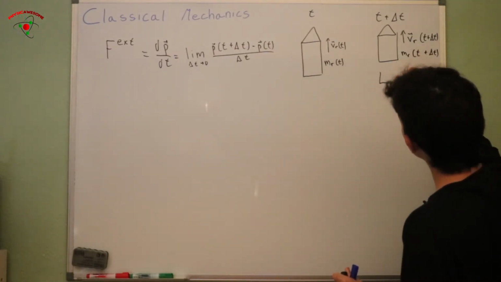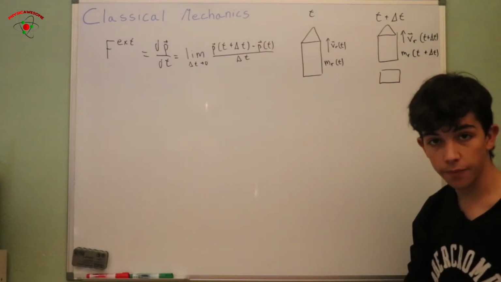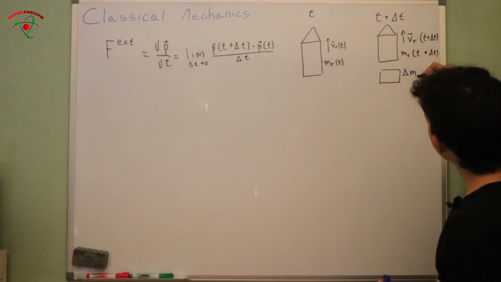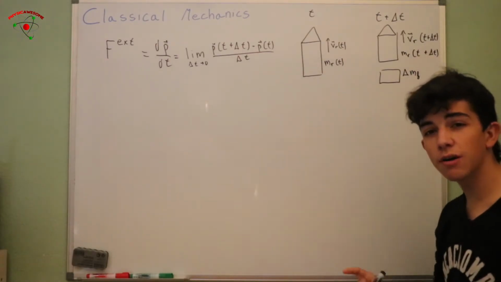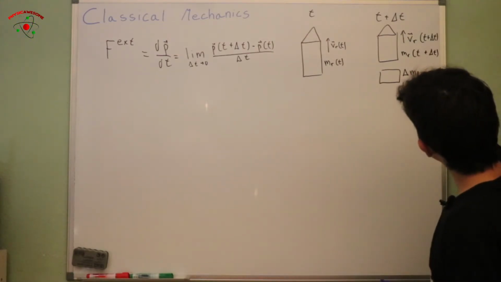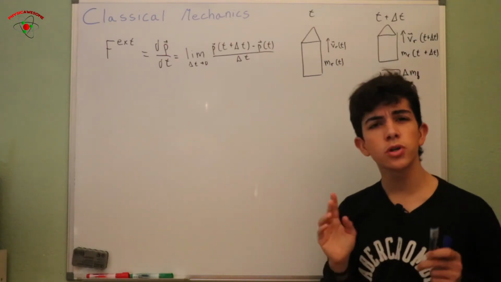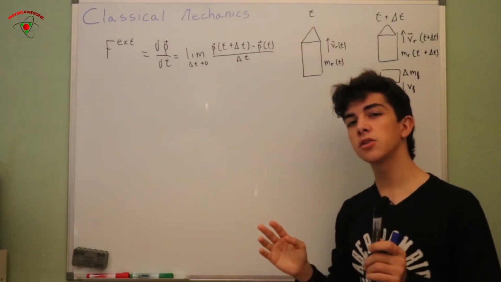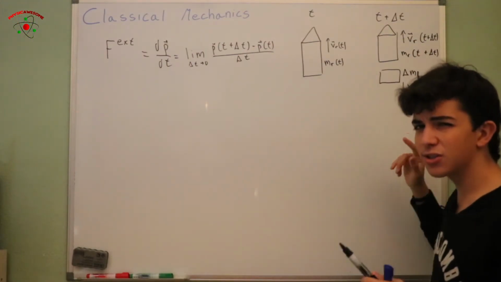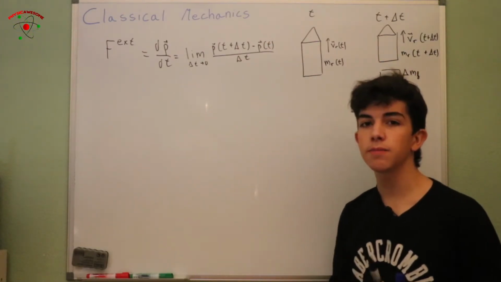and most importantly, we're going to have a little bit of fuel that has been expelled, and it's going to be a delta m_f that is going to have a velocity down that's going to be v_fuel. However, from the rocket perspective, it's really hard to know which velocity this is, because it depends on the velocity of the rocket and also the relative velocity.